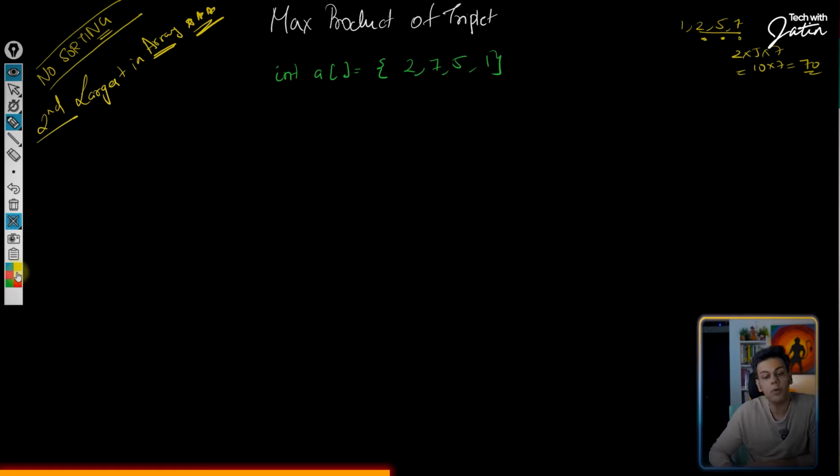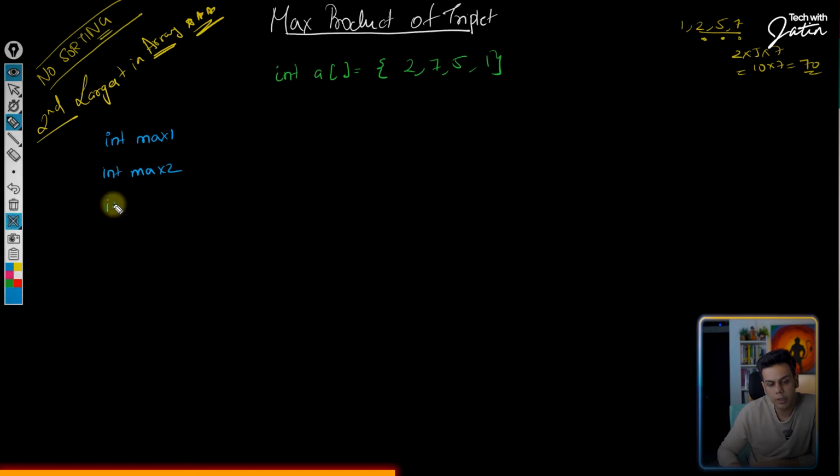Now, we want to find the maximum product of the triplet. What I will do now is create three variables: integer max1, integer max2, integer max3.